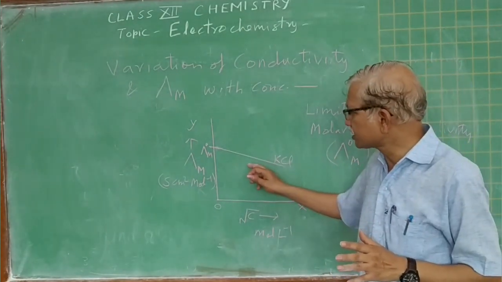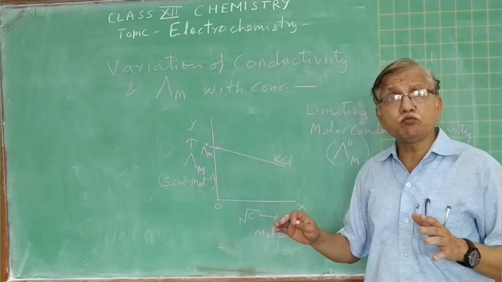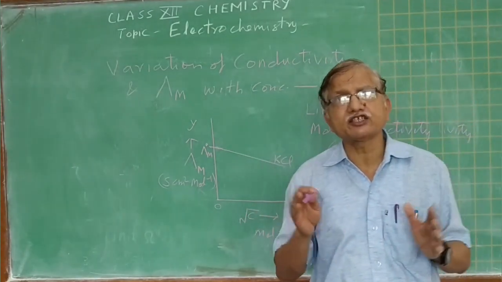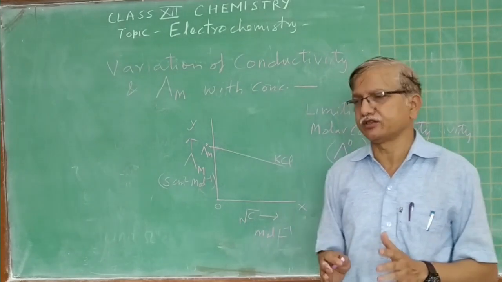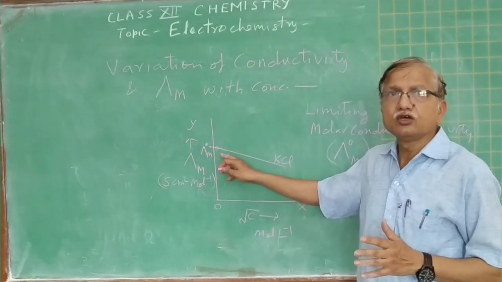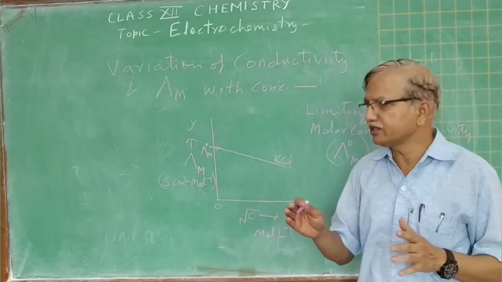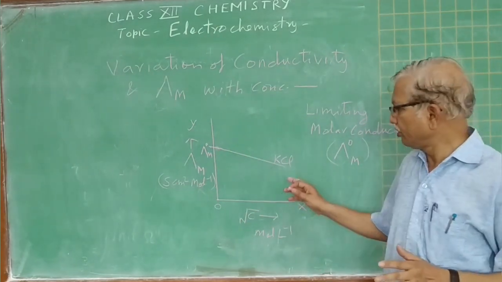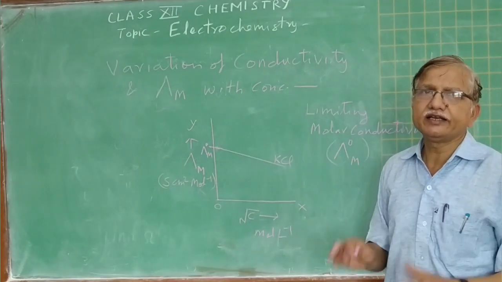So if we decrease concentration, the number of ions remains the same, but interionic attraction decreases. On dilution, interionic interaction decreases, so mobility of ions increases, and so molar conductivity increases. That's why on dilution, the molar conductivity of a strong electrolyte increases.